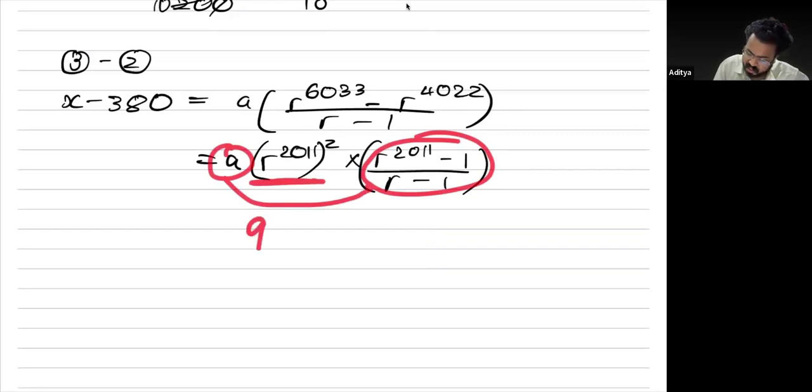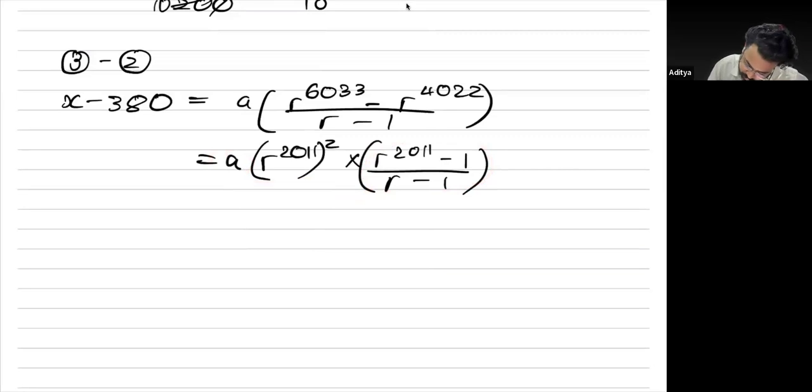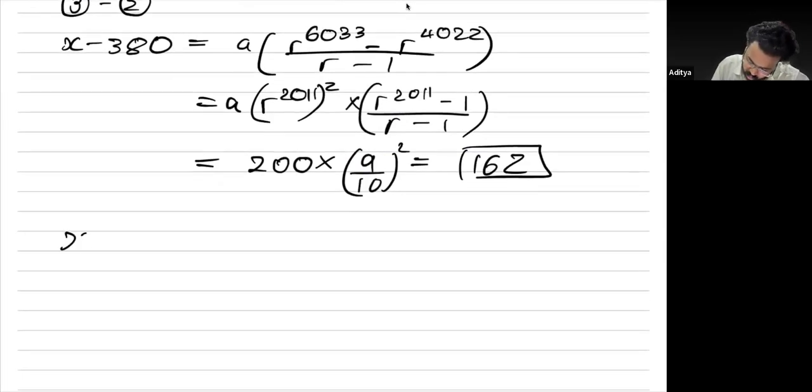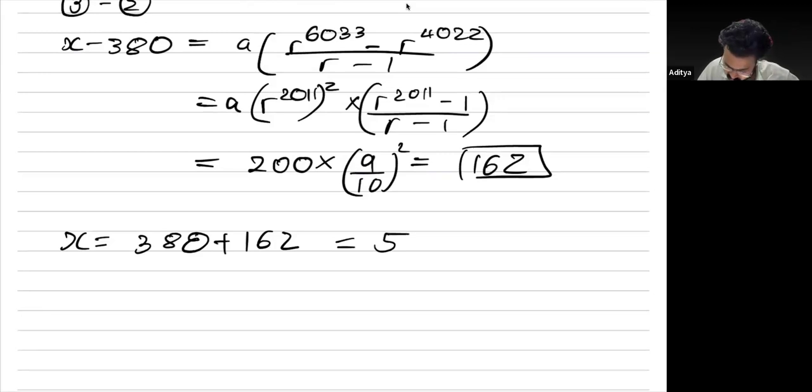This we already know is 90% or 9 by 10. So this becomes 200 times 9 by 10 the whole square, which gives you 162, because 81 times 2. So x automatically becomes 380 plus 162, which is equal to 542.